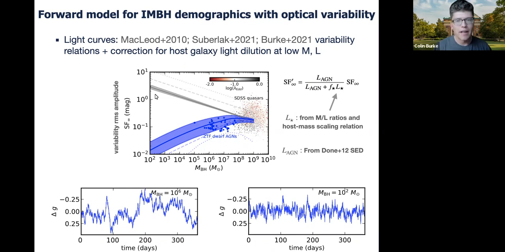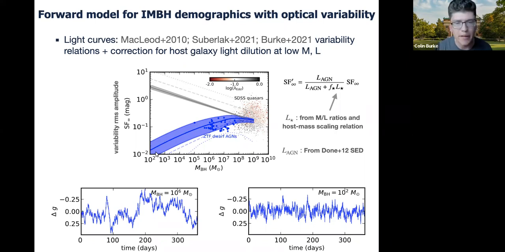So the simplest thing I could think of was to dilute the variability. These SDSS quasars are all bright quasars. We're assuming essentially negligible contamination from the emission from the host galaxy starlight. But that's not true when you get to lower stellar mass galaxies. There, the star forming emission starts to swamp out the AGN emission, and the variability amplitude is suppressed.